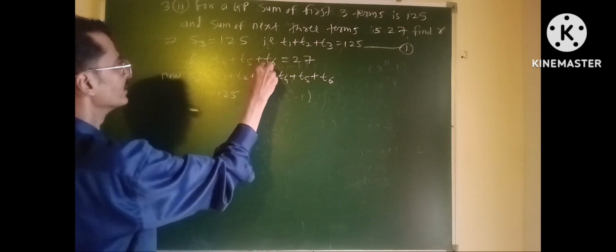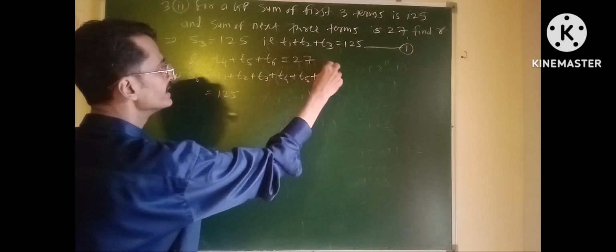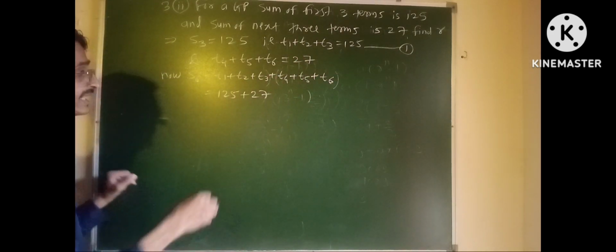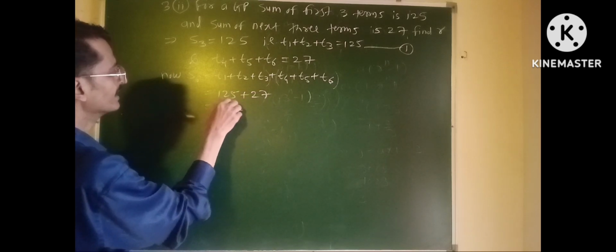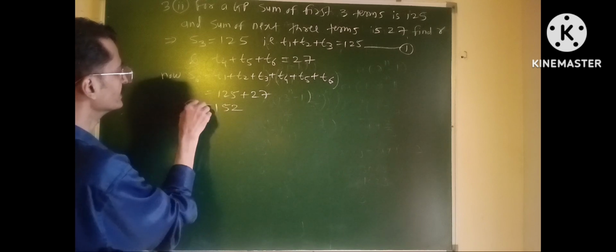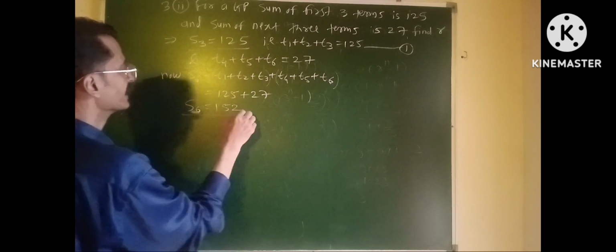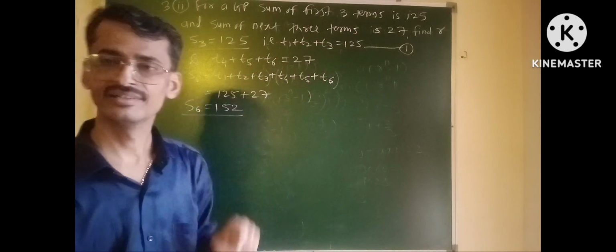Then next T4 to T6, this is 27. So what is the answer of this? 5 and 7, 12. 2 to 4 and 1, 5. This is 152. This is our S6. So now we know S3 and we know S6. So from that we have to find R.